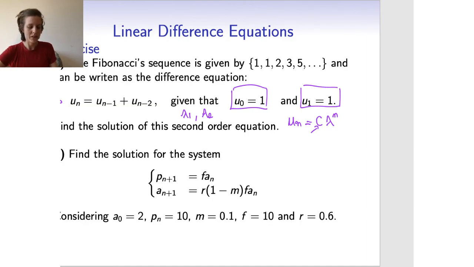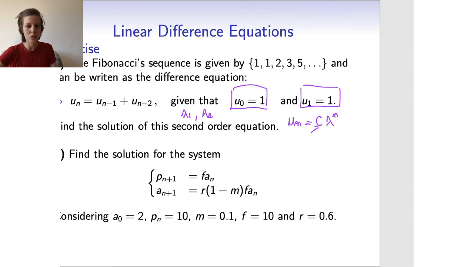And exercise 5 is to find the solution for the system. Here again, it's a linear system, and it's similar to exercise 3.